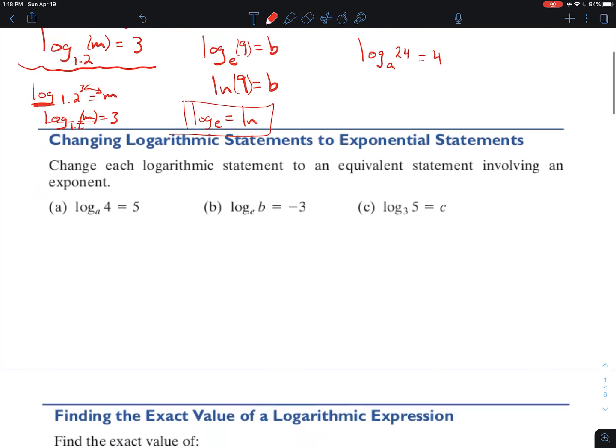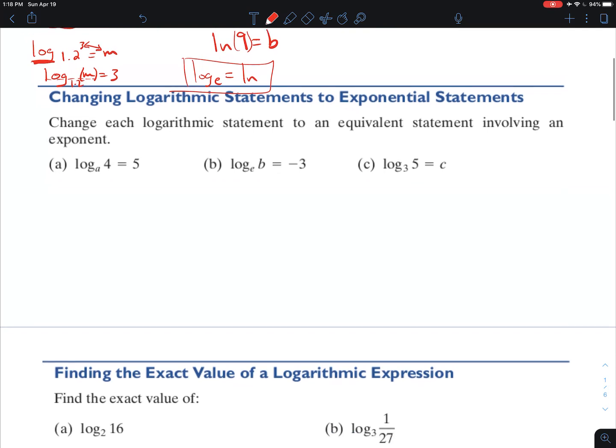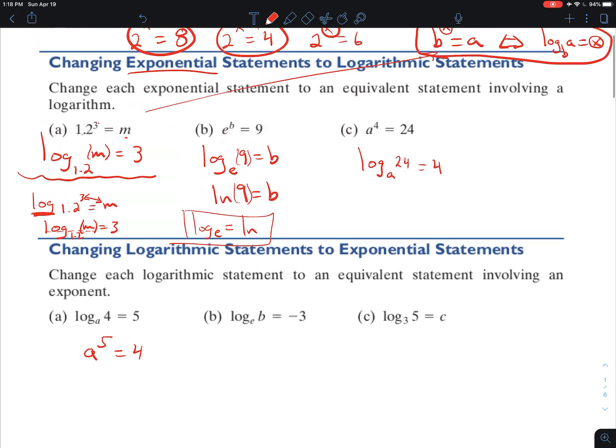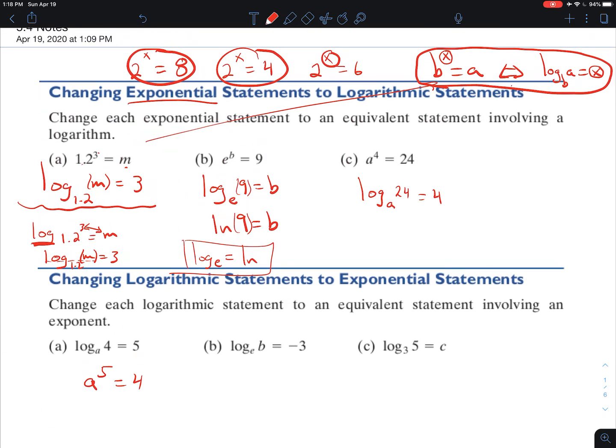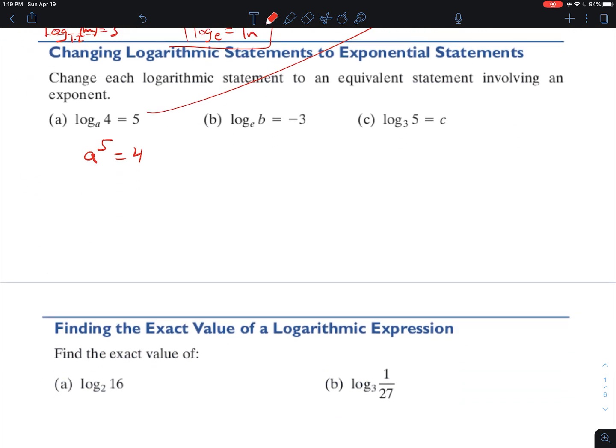All right, and anything we're able to do one way, we want to go ahead and do it backwards. So going from logarithmic form to exponential, and that, for example, is going to be a to the 5th equals 4. And I'm just using my equivalency statement from up here. But another way of thinking about it is undo what you did in the previous one.